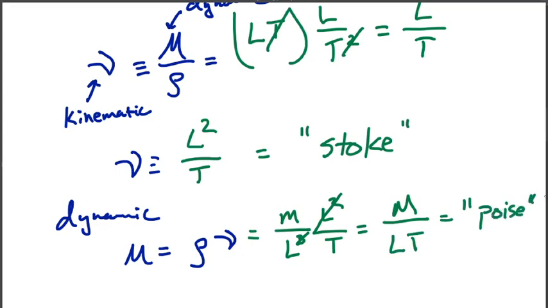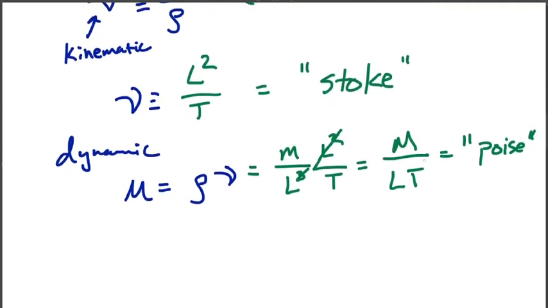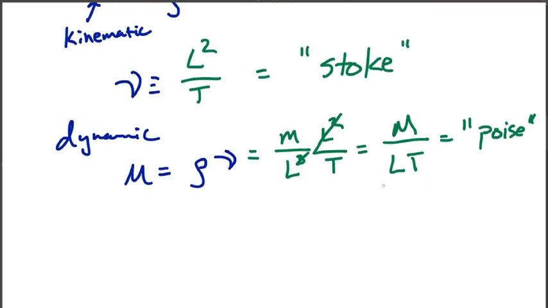And we're going to come across Poiseuille, who the Poise is named after. This weird set of units is why you'll see viscosities for fluids like water often quoted as grams per centimeter per second.